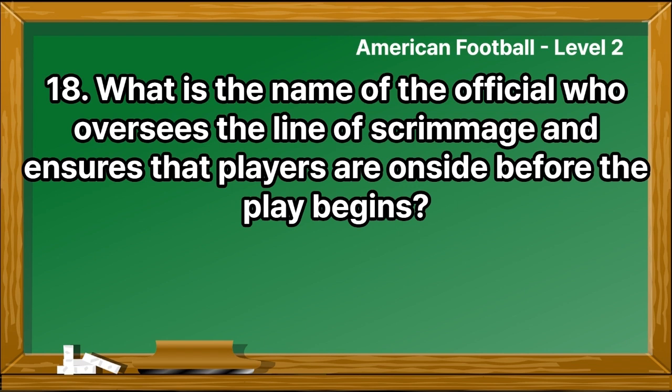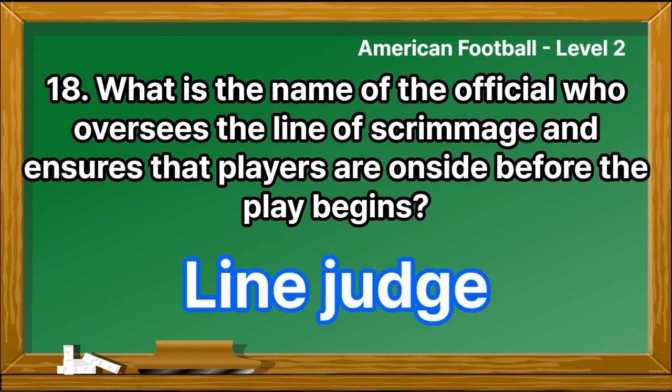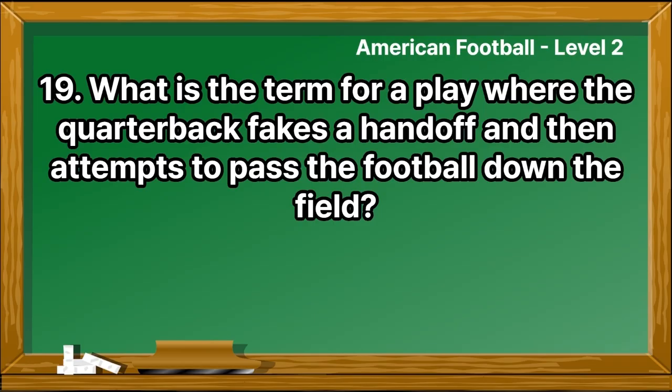What is the name of the official who oversees the line of scrimmage and ensures that players are onside before the play begins? Line judge. What is the term for a play where the quarterback fakes a handoff and then attempts to pass the football down the field?